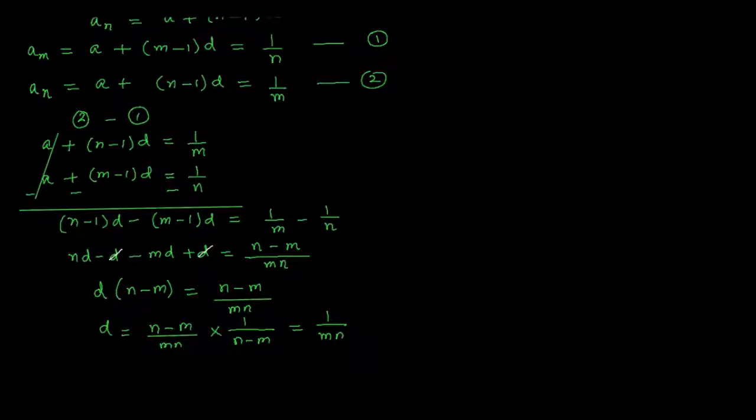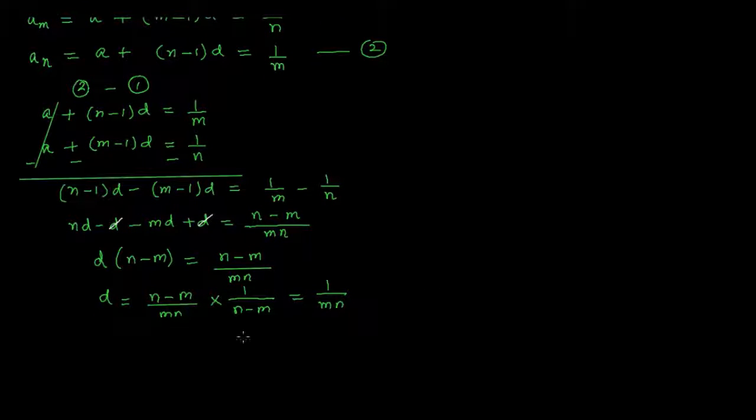Now, using the value of d, we can calculate the value of a by substituting this value of d in any of the equations, either 1 or 2. So, let's substitute the value of d as 1 on mn in equation number 1. Am is equal to a plus m minus 1 d equal to 1 on n.